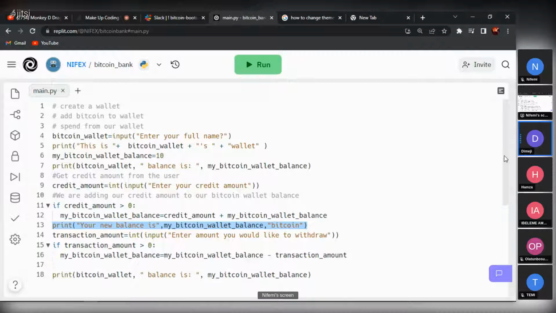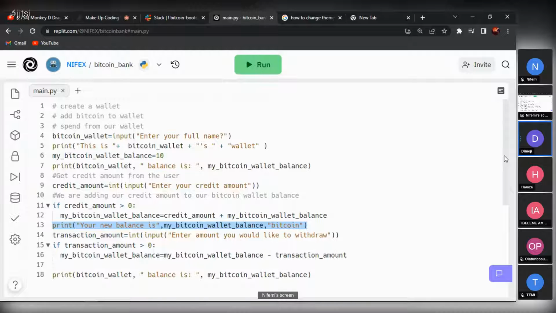But what would it display? From what you can see on line 13, what do you think it is going to display? It's going to display the new balance. Look at it, read it from line 13.